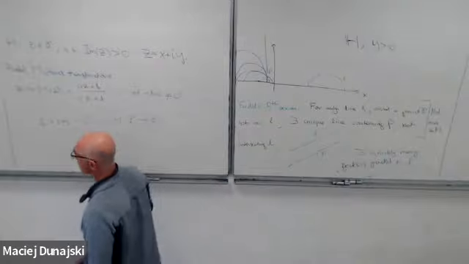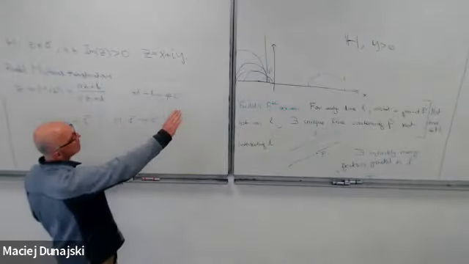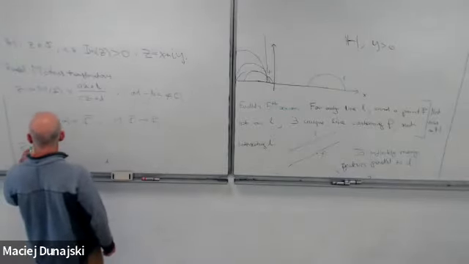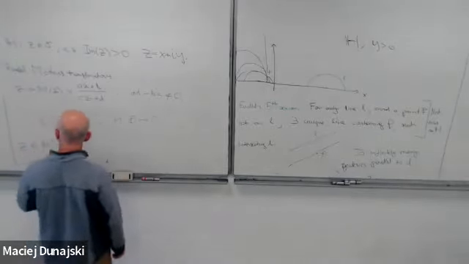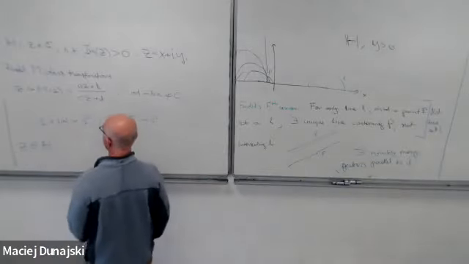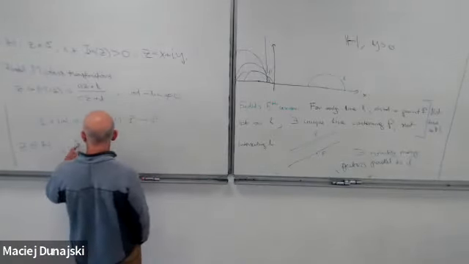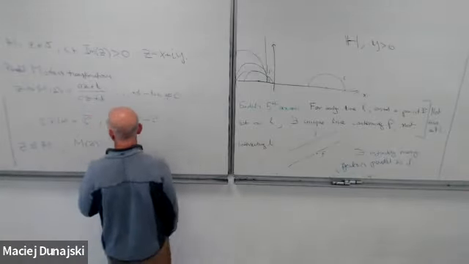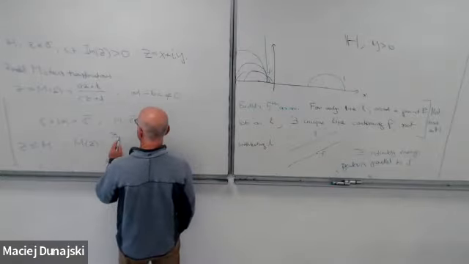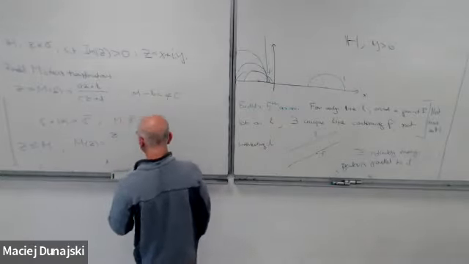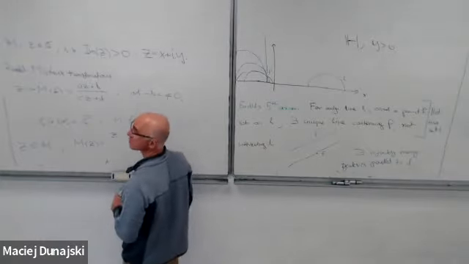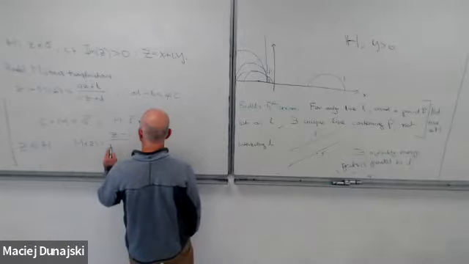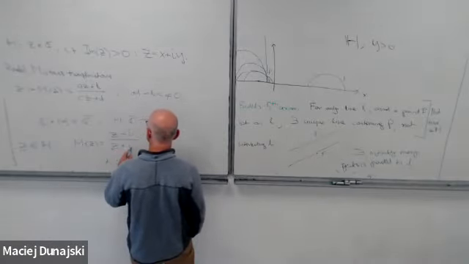Okay, where I want to go with this is the following. If I take this upper half plane, so let's say that Z belongs to the upper half plane, and I consider the following Mobius transformation: M of Z equals (Z minus i) divided by (Z plus i).